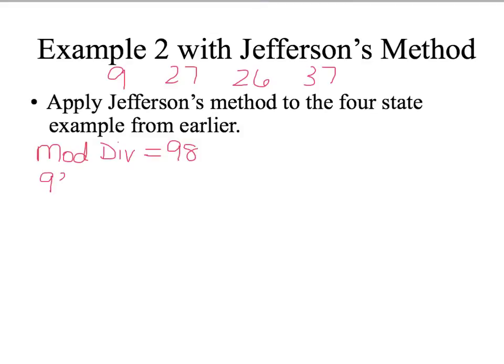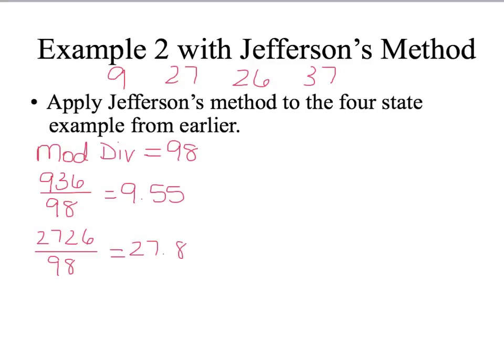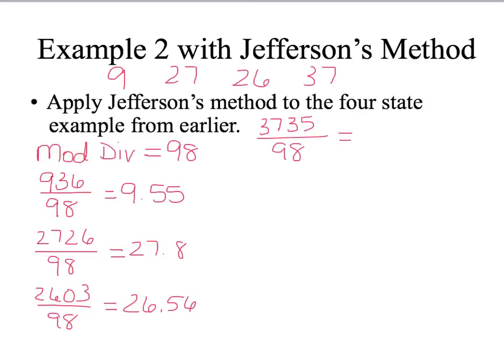And then I took each population to find my modified quotas. 936 divided by 98, I got 9.55, and 2726 divided by 98, I got 27.8, and 2603 divided by 98 is 26.56, and 3735 divided by 98 is 38.11.